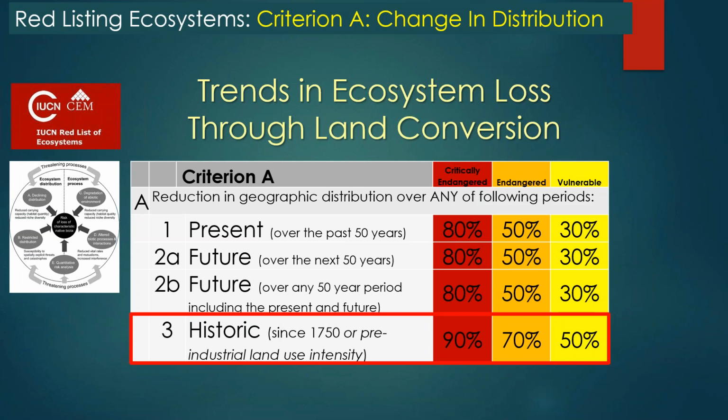We want to ask, over the last several hundred years, have we lost 50% or 70% or 90% of the distribution of a given ecosystem type? And applying these criteria here, that will immediately trigger either vulnerable or endangered or critically endangered status for that ecosystem type.